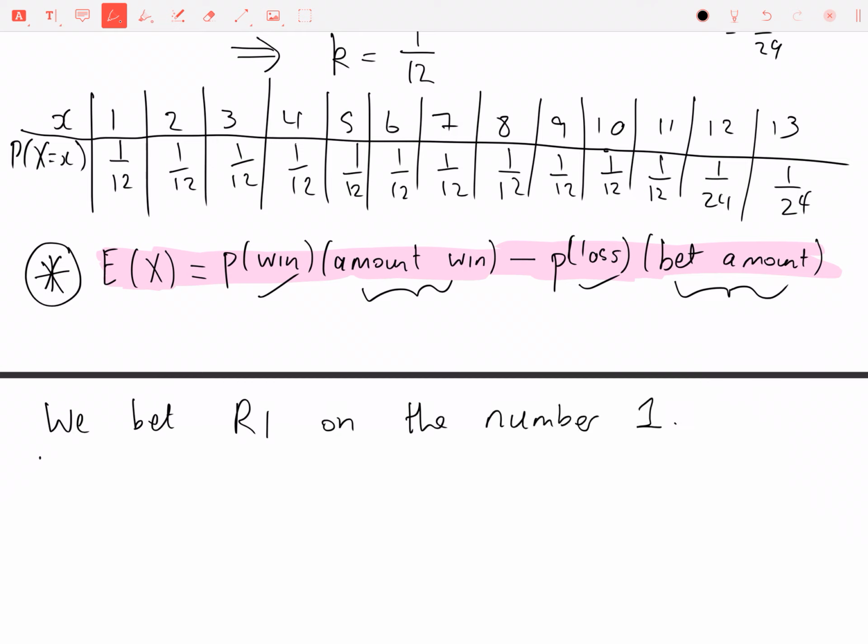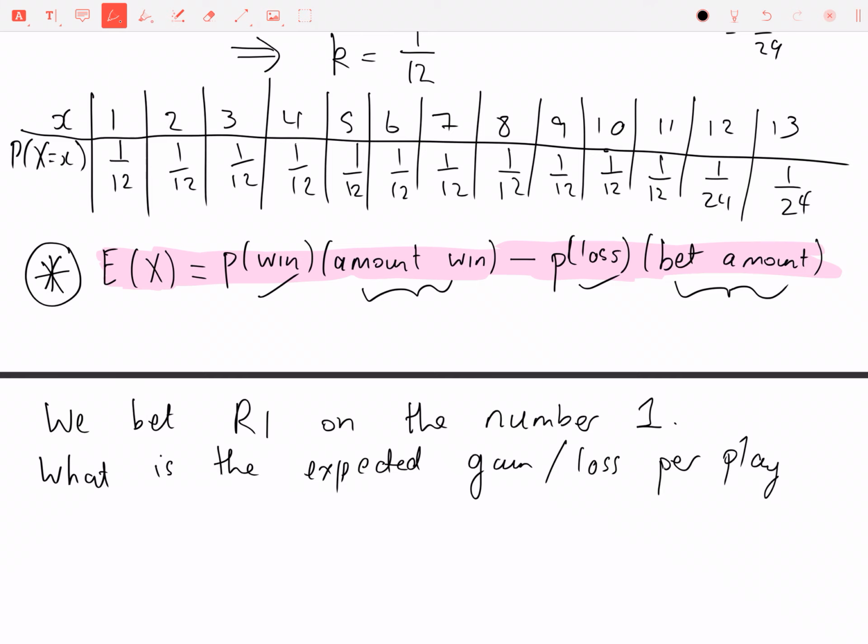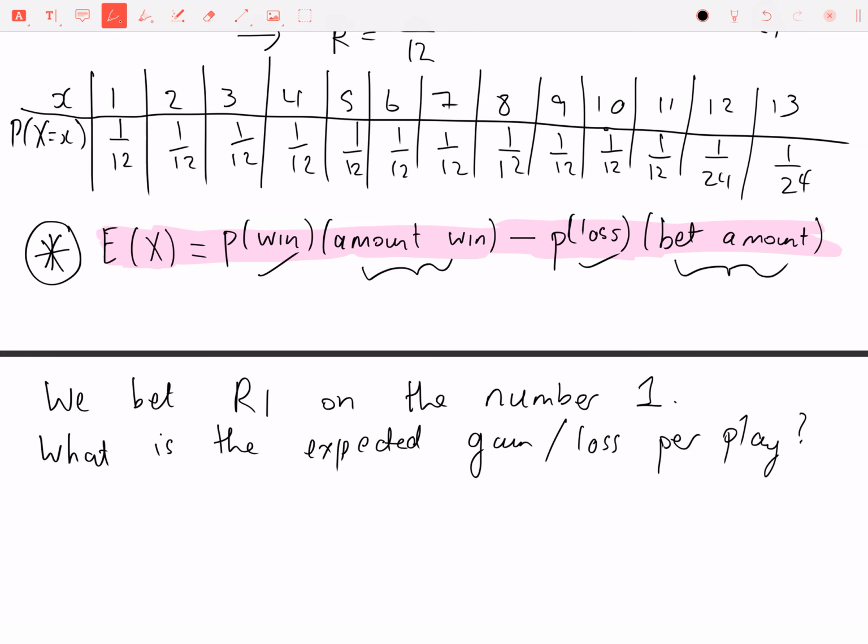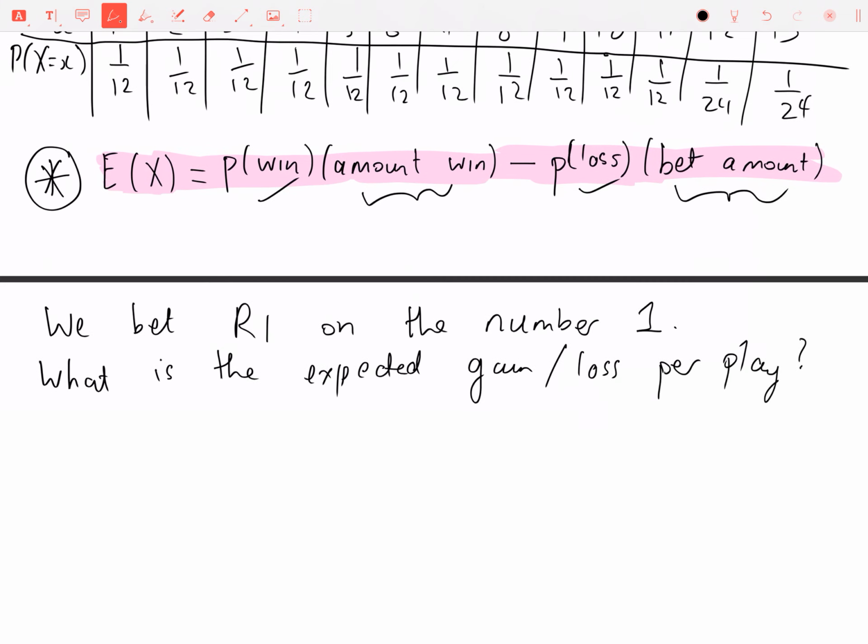We want to know what is the expected gain or loss per play. So expected in this case is if you kept playing this game over lots of times, how much do you expect to win or lose as you keep playing these games over and over and over?